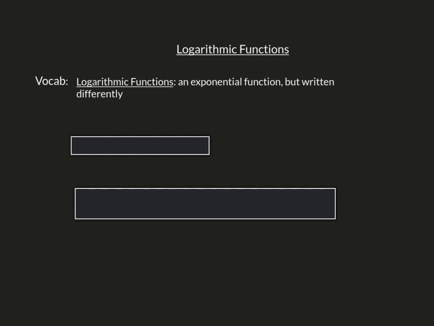For example, a normal exponential function, we might write y equals a to the power of x, where obviously a and x are some numbers. For logarithmic functions, you would say it's log base a of y equals x.